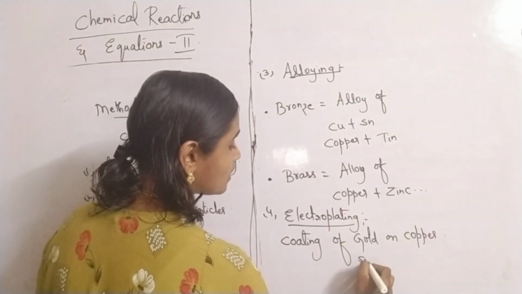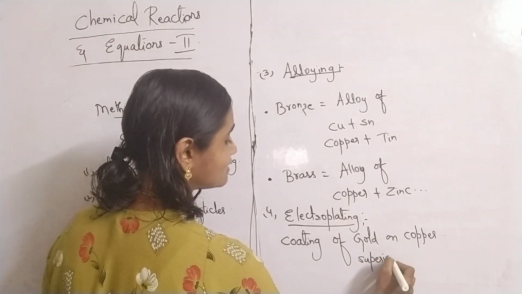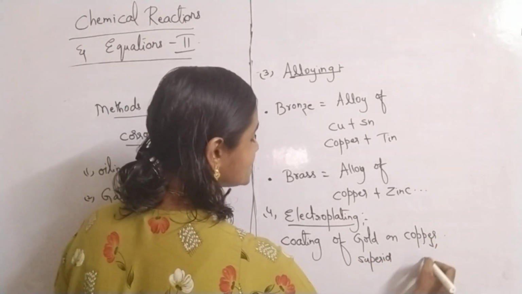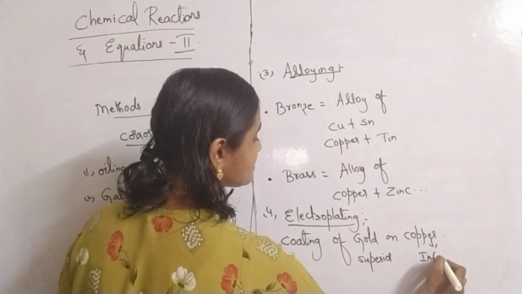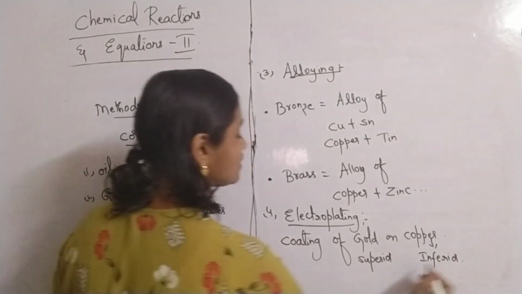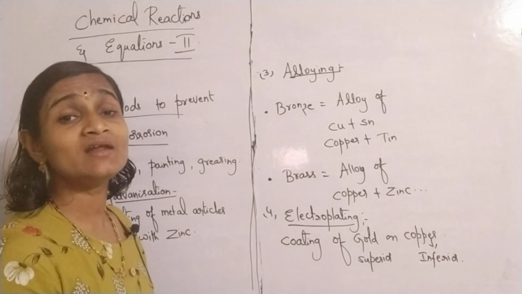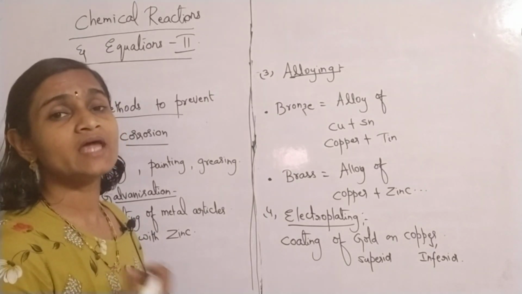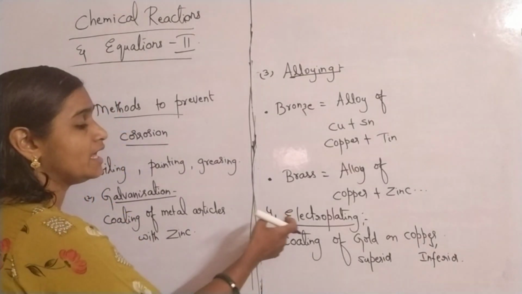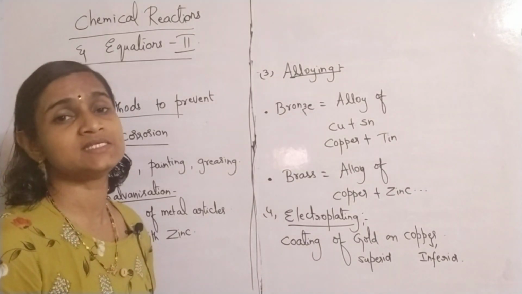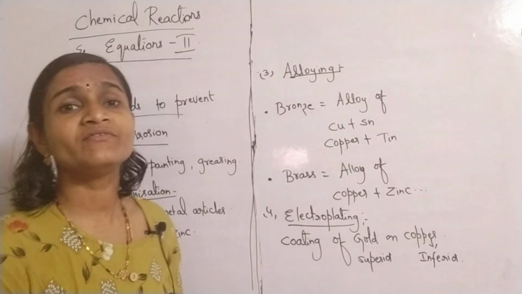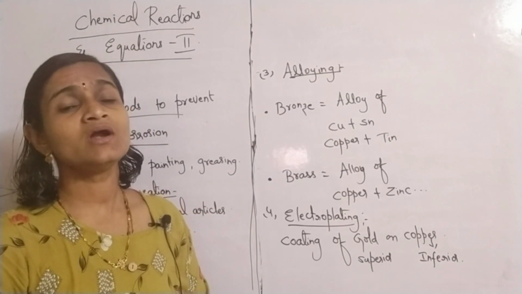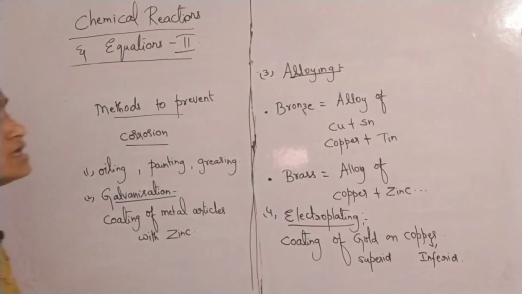So gold is called the superior metal, whereas copper is considered the inferior metal. Coating a superior metal over an inferior metal, by passing electricity through it, is called electroplating. So these are the different methods to avoid corrosion reactions.